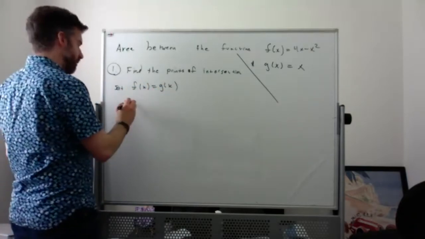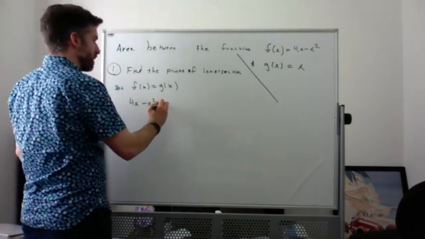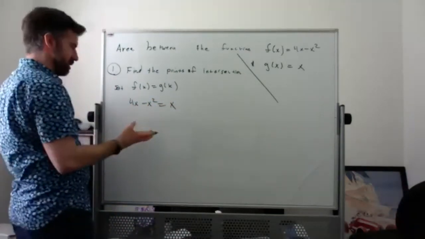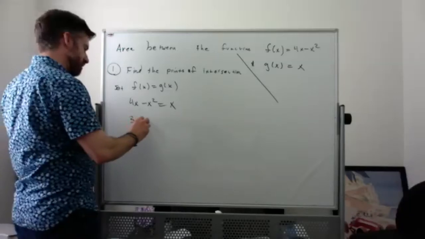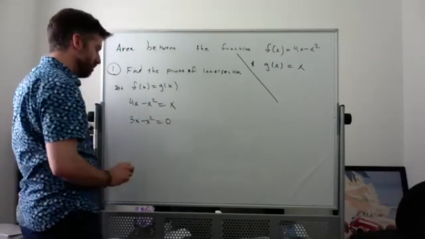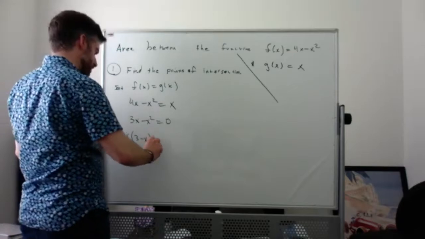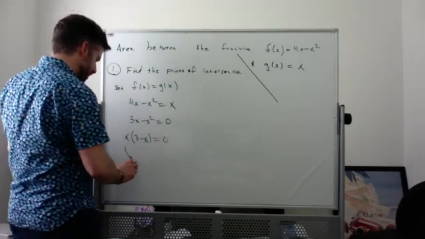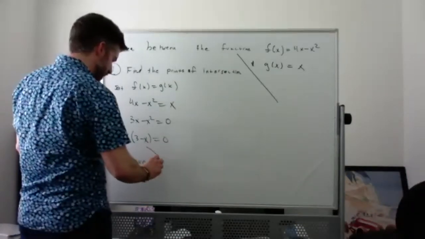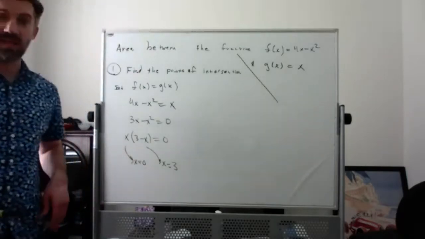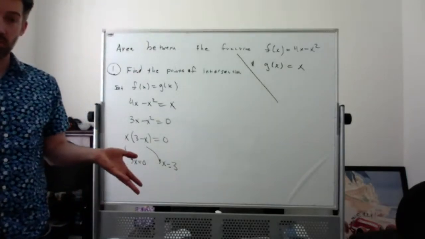Right, so I'm going to do 4x minus x squared equal to x. I'm just going to subtract x. So 3x minus x squared equals 0. Factor out an x. And I get x equal to 0 and x equal to 3. So those are my points of intersection, which means they're going to be my limits of integration.